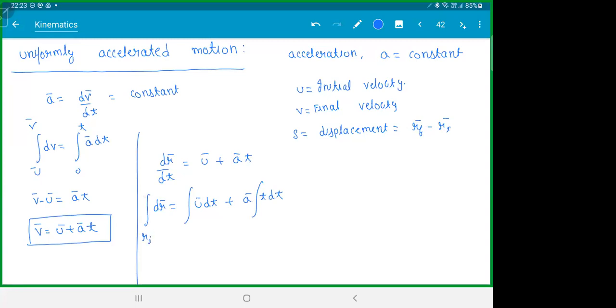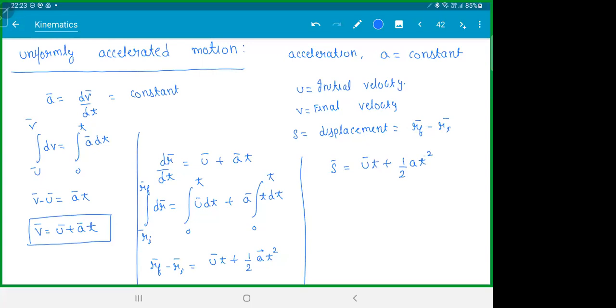This will go from r initial to r final, and this will be from 0 to time and 0 to time. This would become r final minus r initial. This will be u bar into time plus half a bar into t square. This becomes displacement vector s bar is equal to u bar into time plus half a bar into t square.